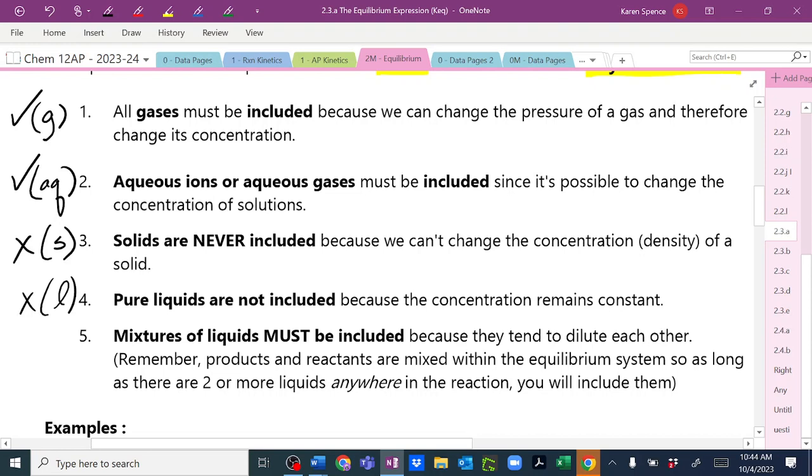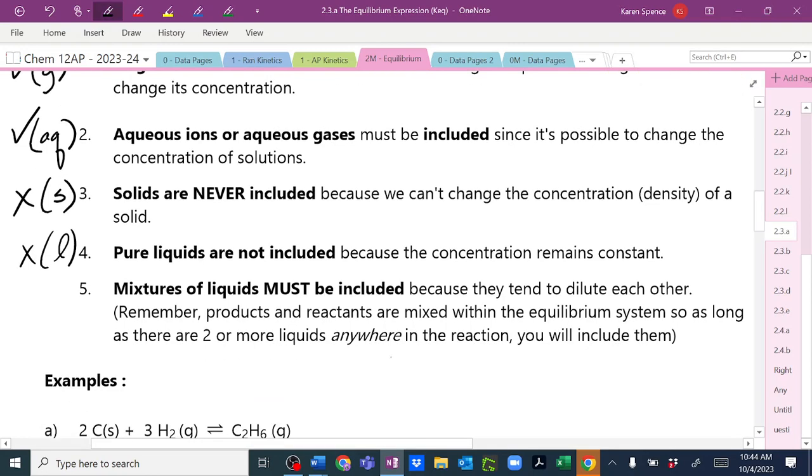Okay? So, if you have a mixture of liquids, right? So if you have A, which is a liquid, plus B, which is a gas, in equilibrium with C, which is a liquid.